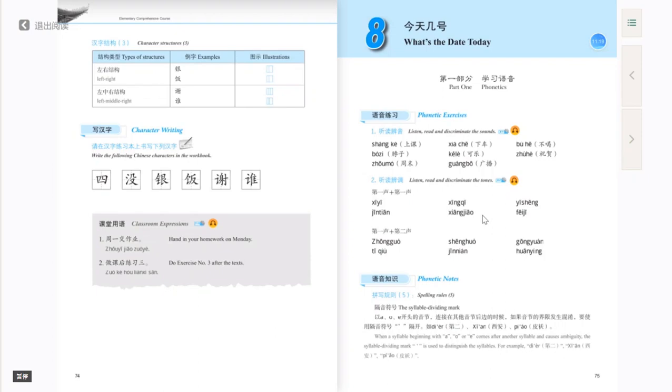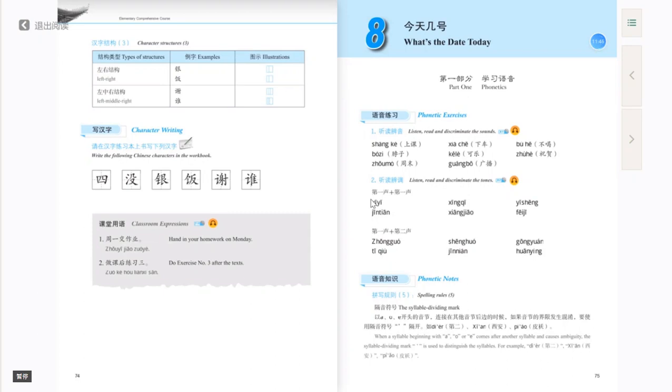For example, first tone plus first tone is read in this way, and then you get used to it. Also first tone plus second tone is read in this way, and your ears get used to these collocations. So please practice these collocations of tones by yourself. These are just the phonetics part of lesson 8.